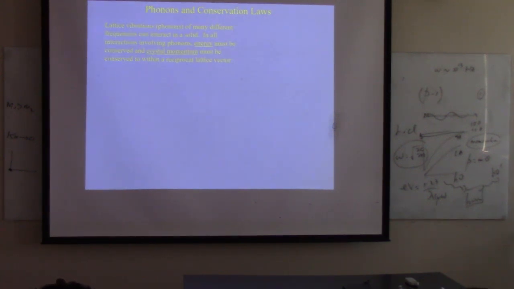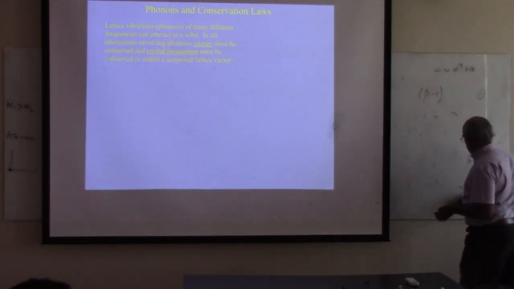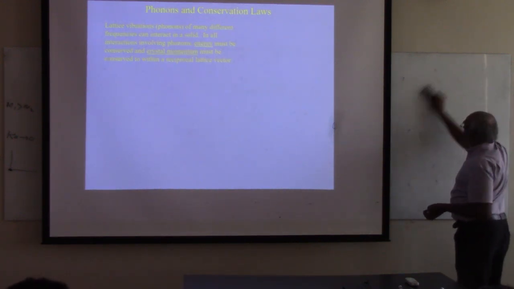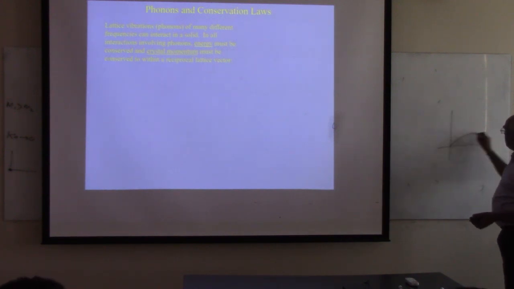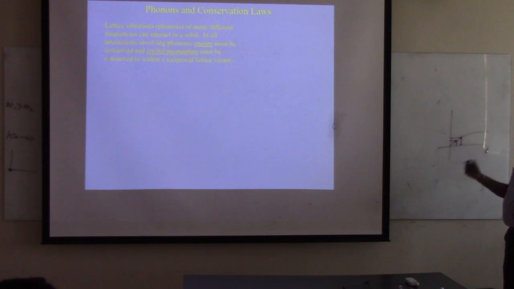Okay, now let's talk about conservation laws. At a given temperature, you can have more than one phonon, right? Because in the phonon spectrum, you can have several phonons corresponding to these energies, or wave vectors. That means at a given time you can have several phonons.